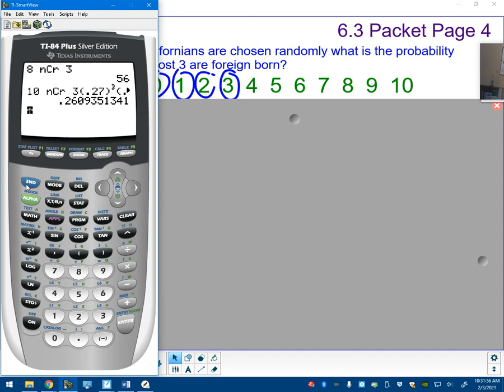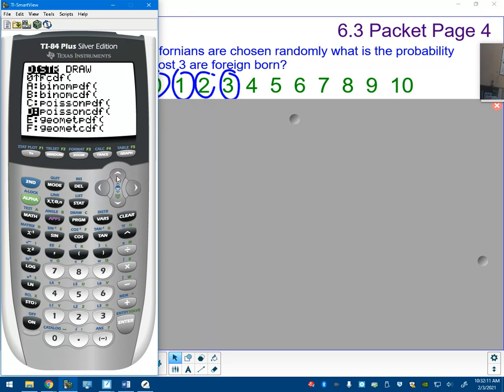So if you do second bars, and bars is right by the clear button. You can't see it on that screen yet, right? It's all the way down at the bottom. So those of you with the fancy new color screens probably can see it. On my calculator, it's A, binomial PDF, and the next thing I do is really important.